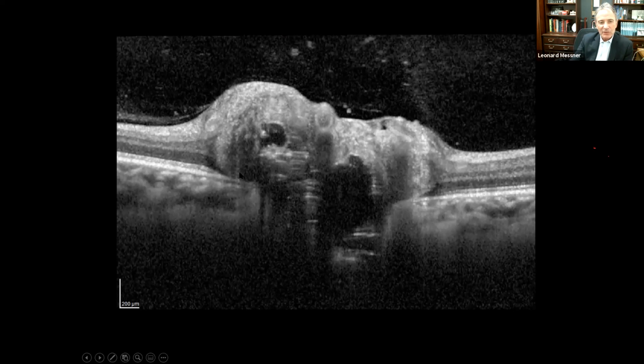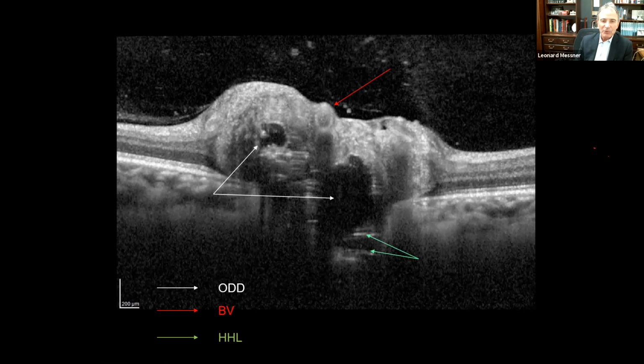We do not see fluid accumulating within the subretinal space, but what you do see are these rather large internal aggregates, these prelaminar aggregates with hyporeflective centers that are characteristic of this patient's optic disc drusen. And then along with these ovoid structures, you can see that there are these hyperreflective horizontal lines.